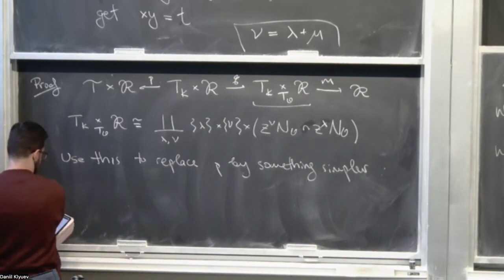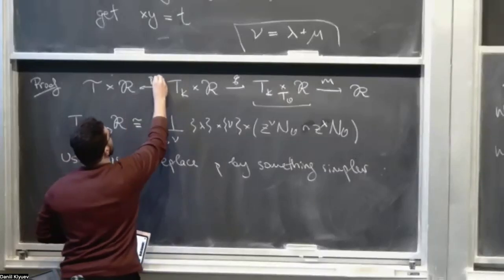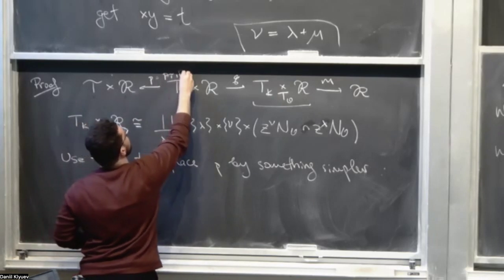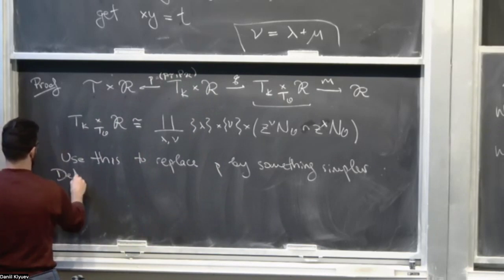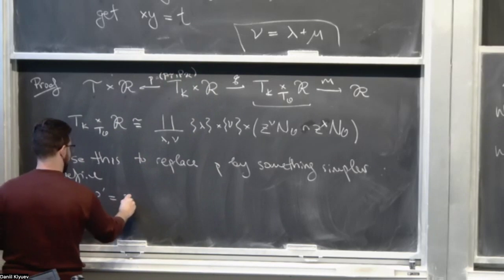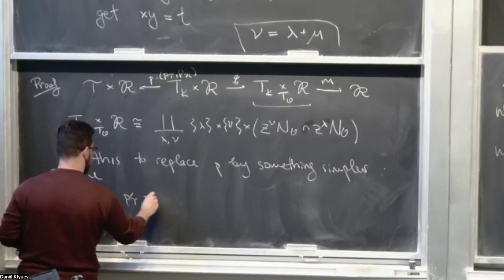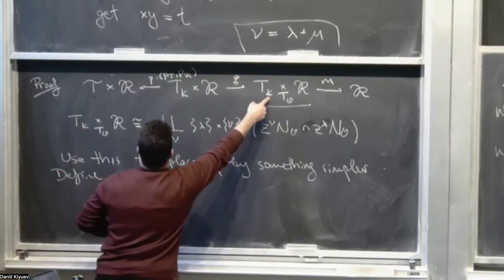So P is a map from a product to a product. We're going to write it with a projection to T and to R. There's PT and then PR. And we define P prime, PT prime, PR prime as a map from there to there.